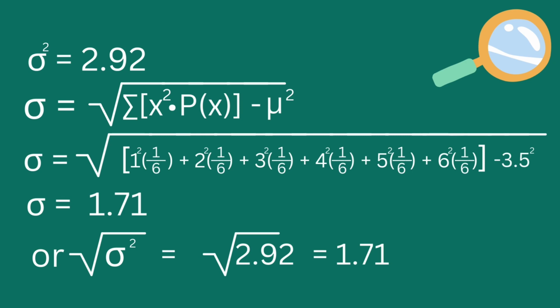That is equal to 1.71, or simply the square root of our variance, sigma squared. Then it will be the square root of 2.92, which is equal to 1.71.